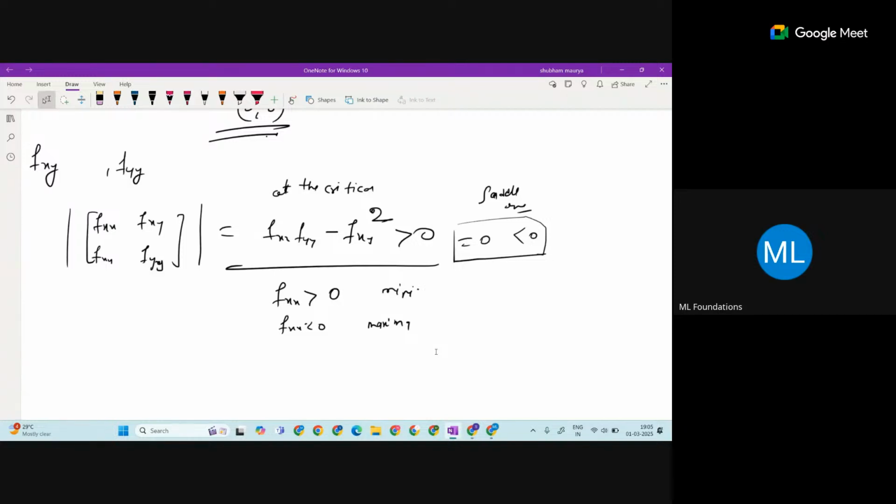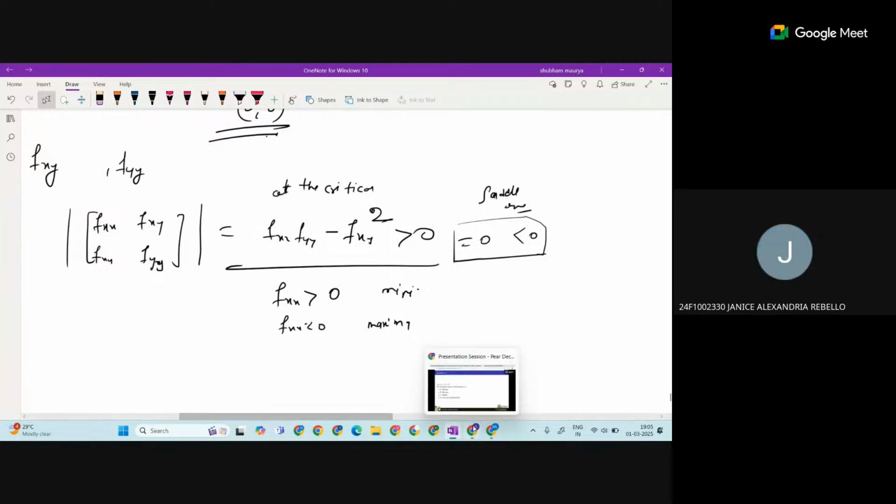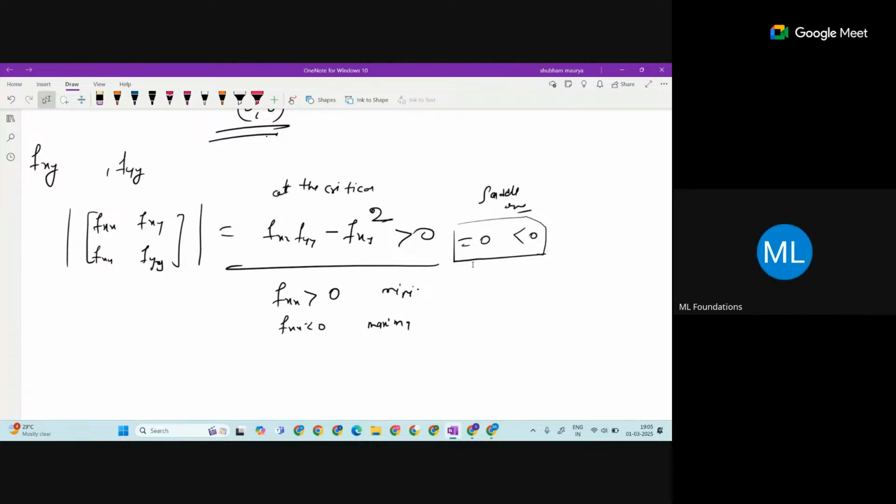Okay. If fxx is greater than 0, it's minimum. Less than 0, maximum. Then why are we finding the determinant?